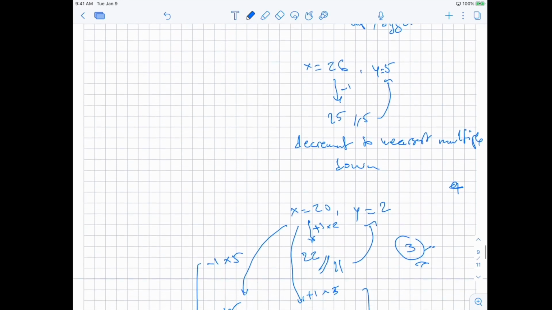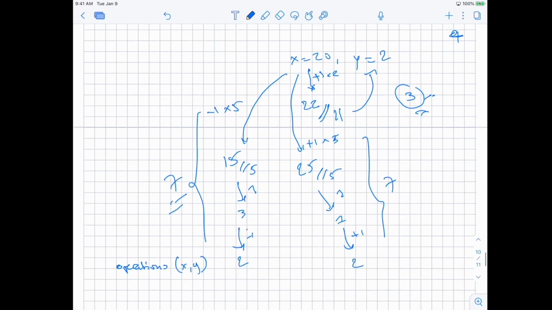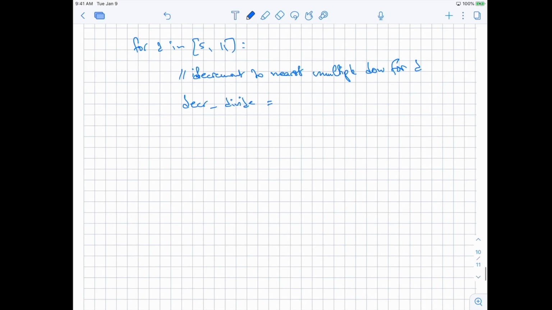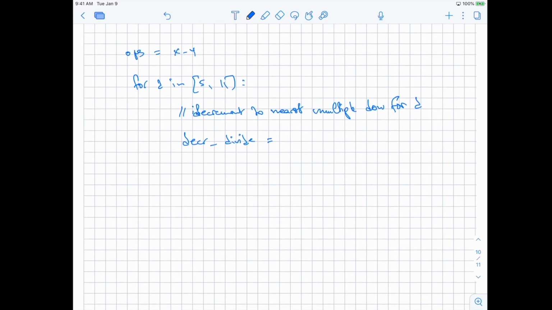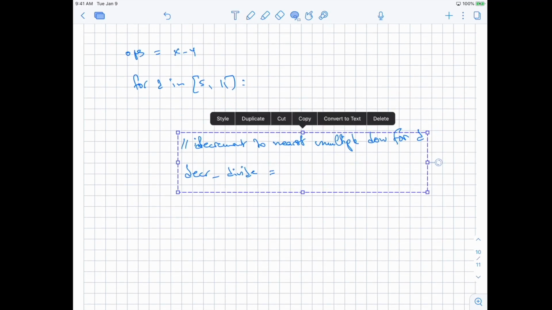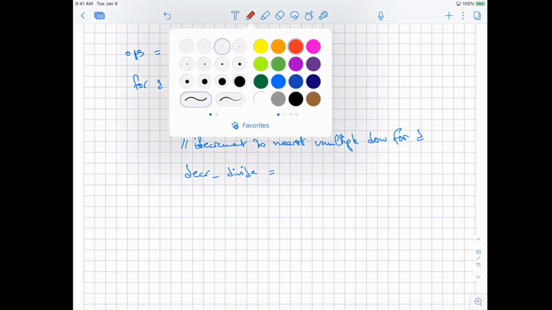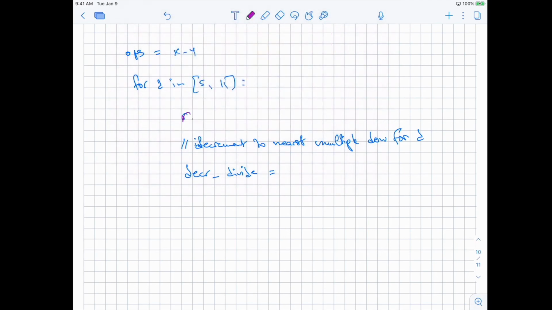Okay, same thing here for 26. How many do we need to decrement by? Well, 26 modulo 5, which is 1. That's how many we need to decrement by. And so to know how many we need to decrement by, it's just the remainder, which is going to be x modulo d.